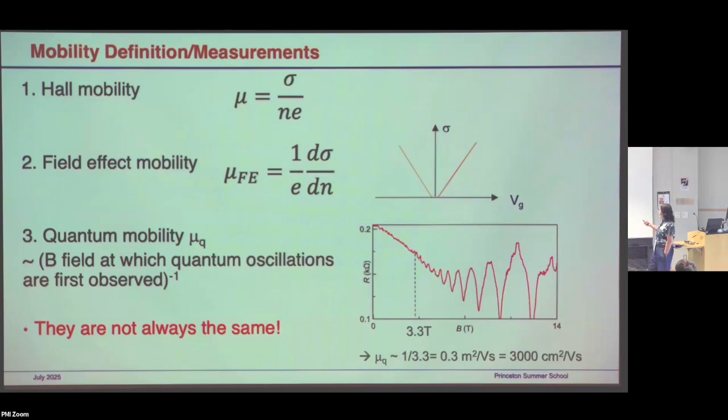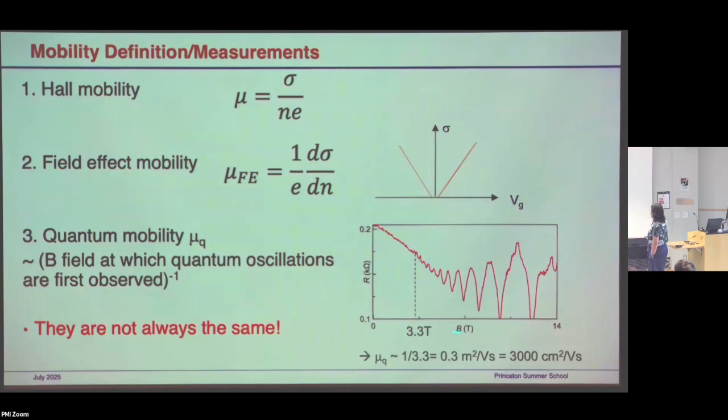In this case, this is just data from my group on a 2D semiconductor. You plot resistance as a function of magnetic field, and you can see that at some point quantum oscillation starts. You can just look at this roughly and say, okay, it roughly starts here, and that's 3.3 Tesla.